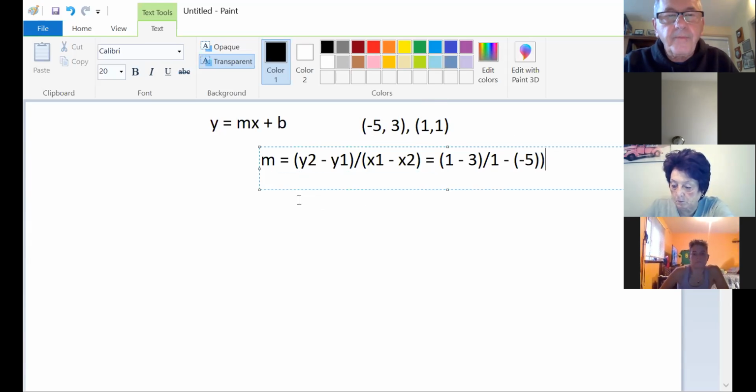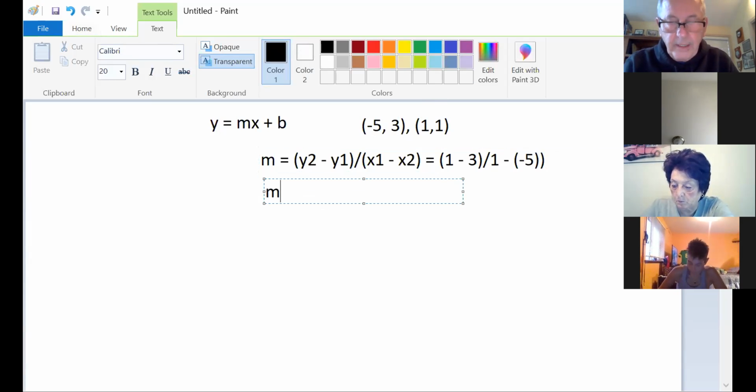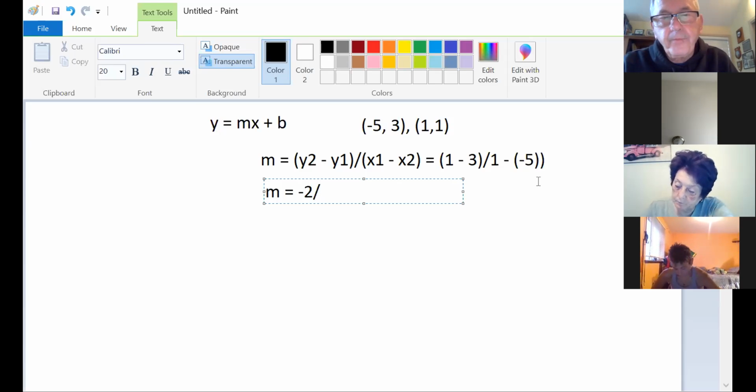So I'm going to go on the second line here and say now m is equal to 1 minus 3 is what? -2. What's 1 minus a -5? What's a -1 times a -5, it'll be 5, and 5 plus 1 is 6, right?